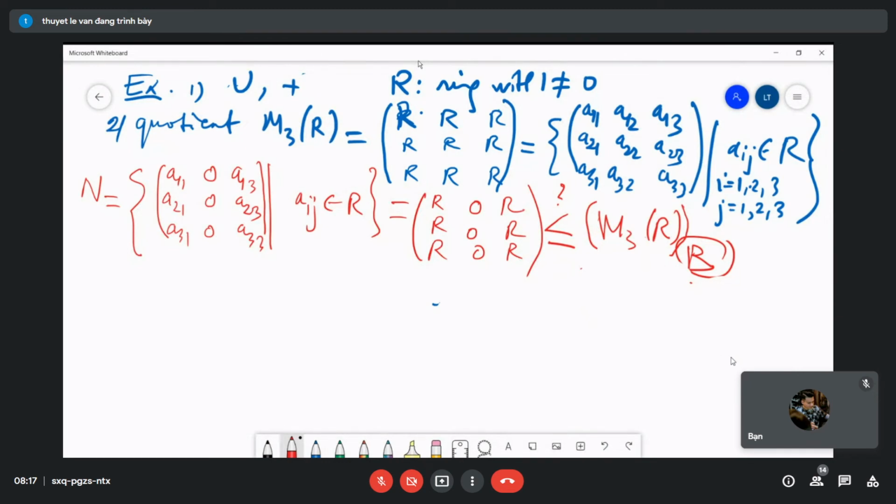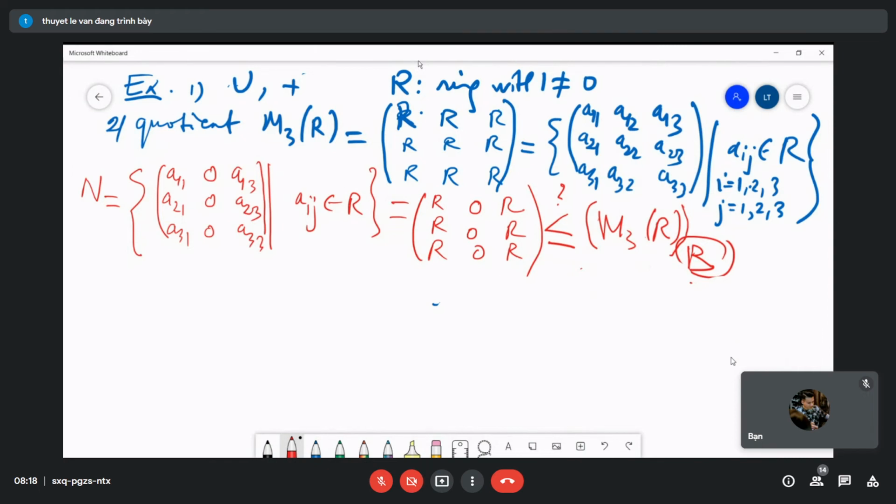In this case, I consider R. So you can easily check that M3(R) is a module over R.